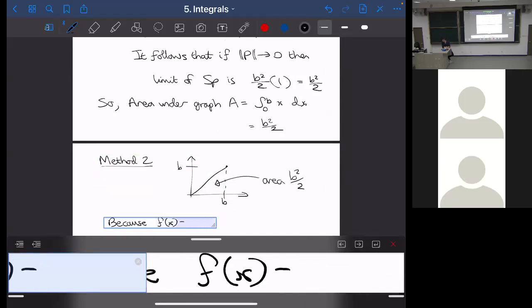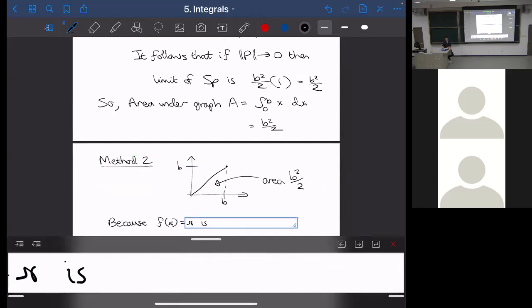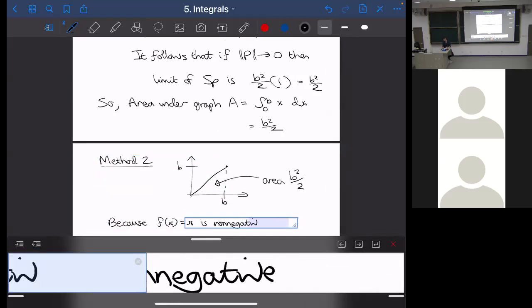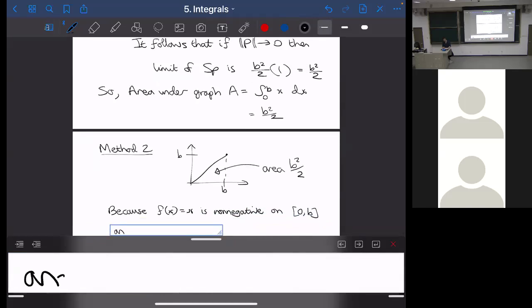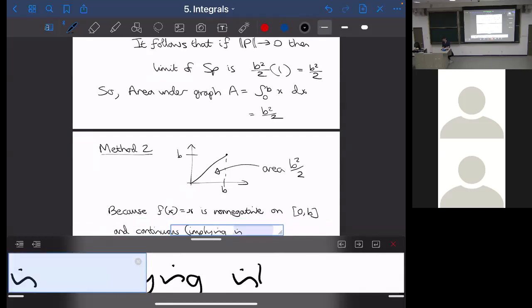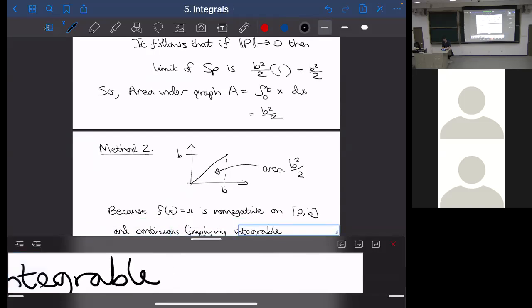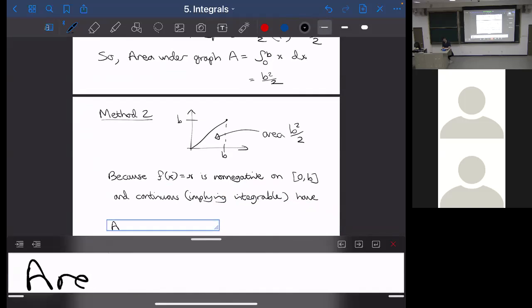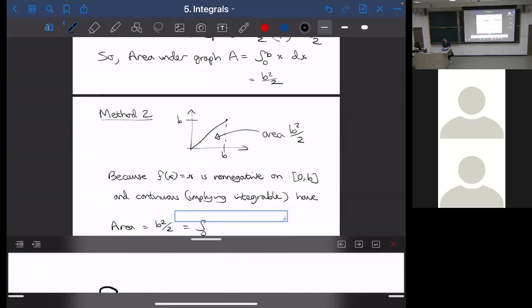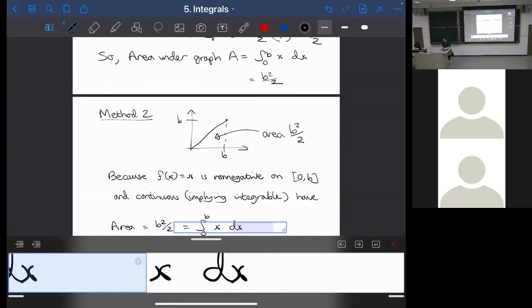Because f(x) equals x is non-negative on the interval 0 to b, and continuous, which implies that it's integrable, we have that the area, which is b squared over 2, equals this integral. Okay.